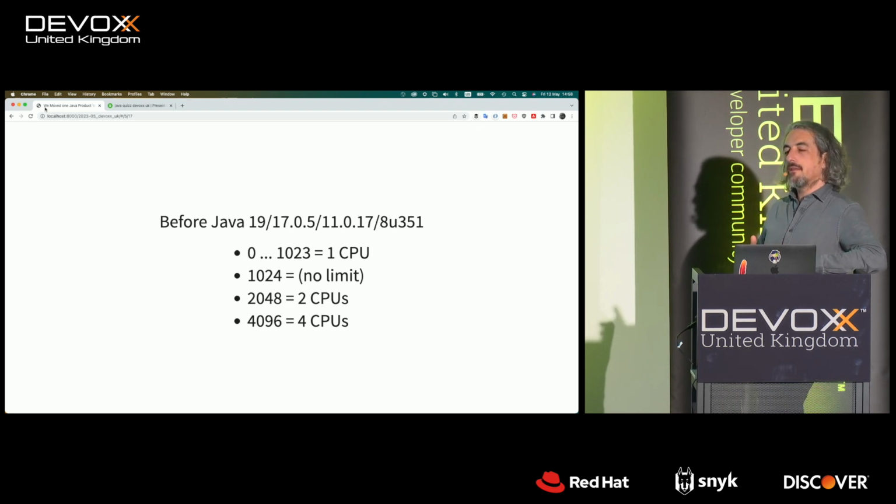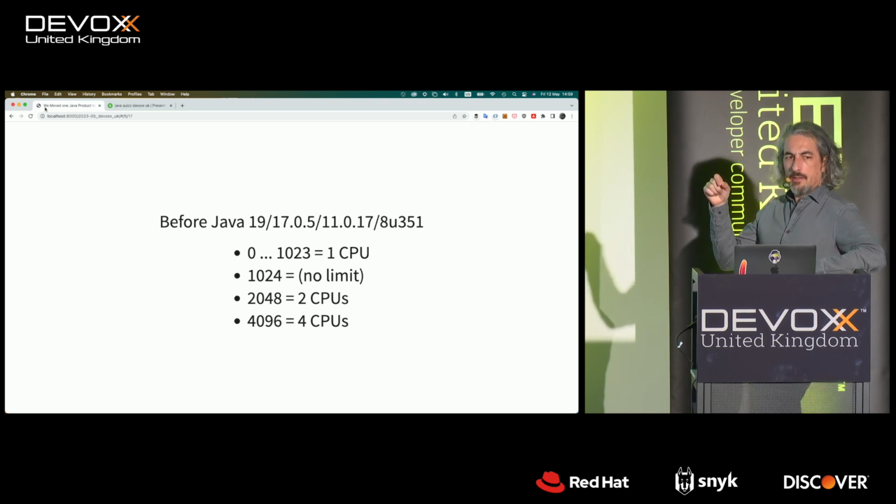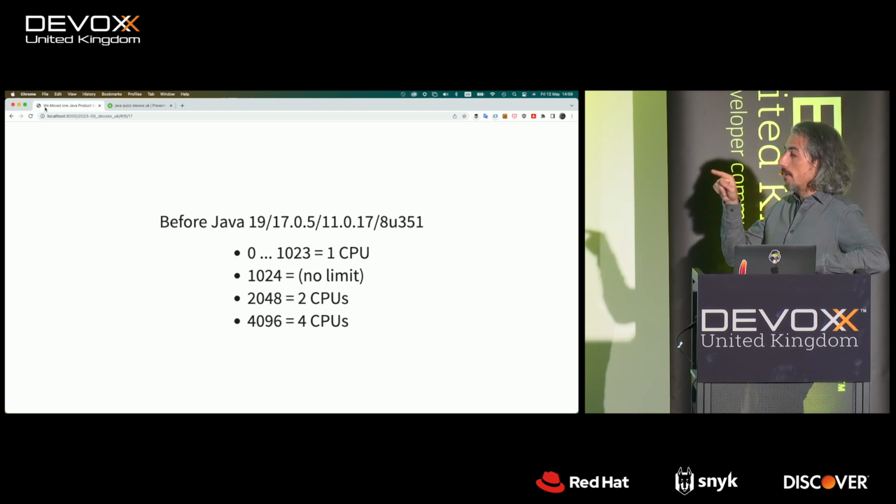If you say in the container up to 1 CPU, Java will assume there's 1 CPU. If you say from 1 to 2 CPUs, Java assumes there's 1 to 2 CPU limits, I think it was. Now I forgot, but I think it was limits. Java is going to assume there's 2 CPUs, 4 CPUs, and so on.